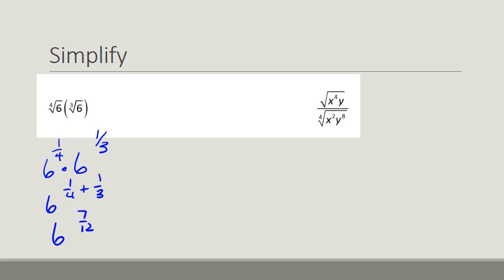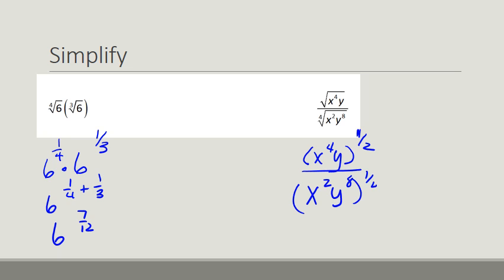In this case, if I can, this is going to be x to the 4th y to the 1/2 over x squared y to the 8th over 1/2, or 1/4. So now I'm going to use my law of exponents, and I'm going to multiply in.